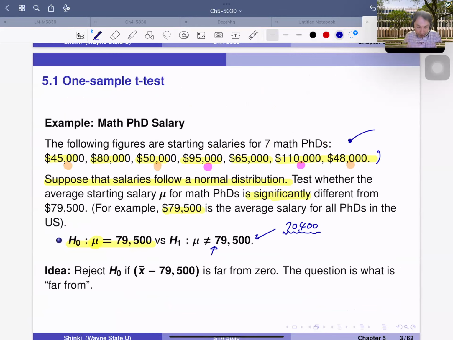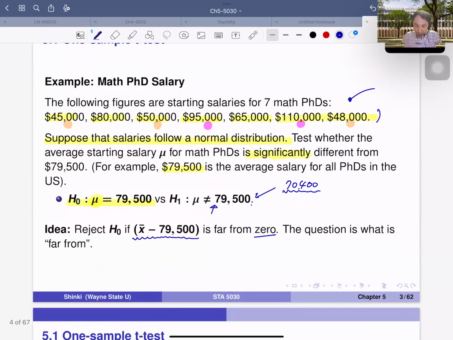So this is essentially the considered deviation from this 79,500. We want to reject H naught if X bar minus 79,500 is far away from 0. The question is, what is far away?